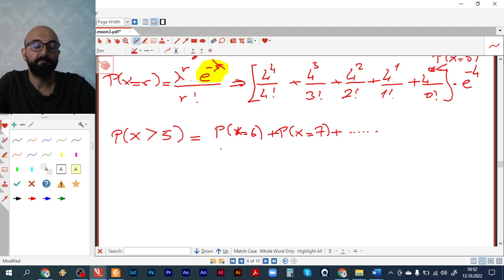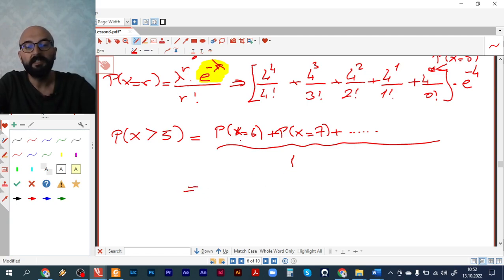So please remember that the Poisson distribution is discrete data, and the sum of all probabilities equals 1.